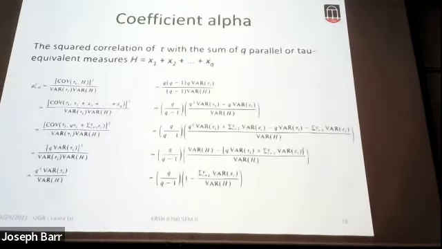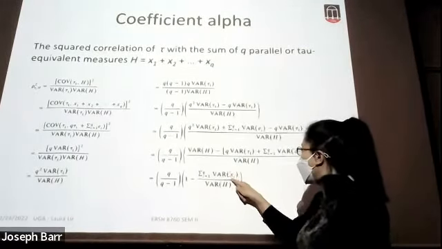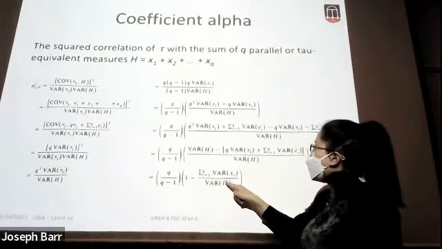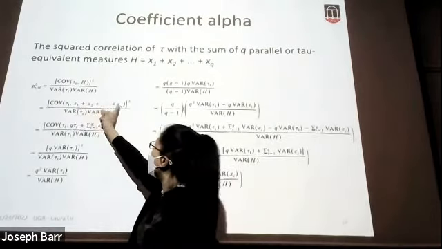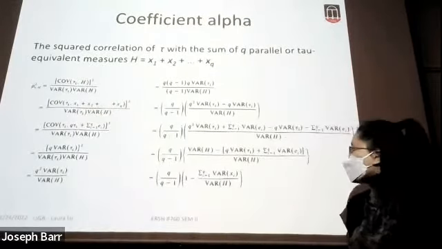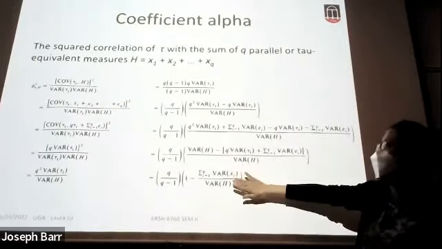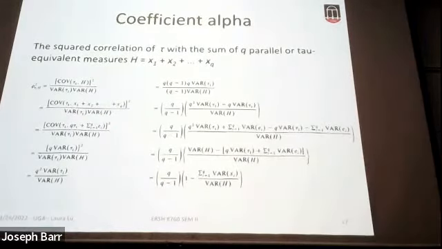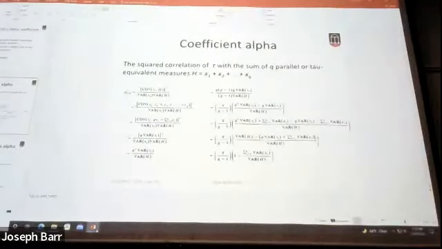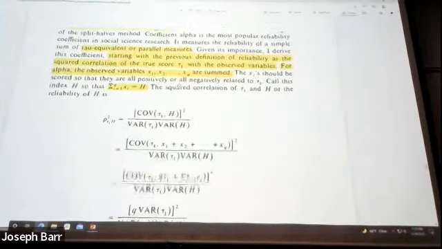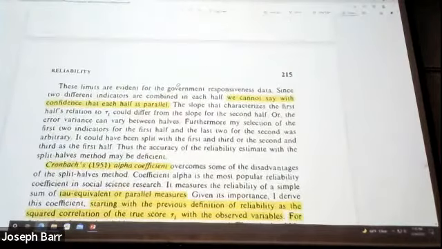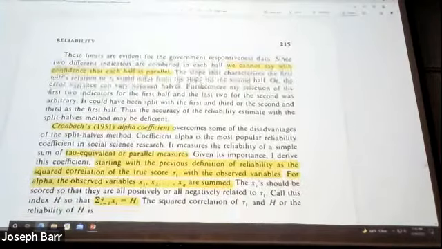This form and this form mean the same, because here we have the item, each item like xi, and h is the sum of all parallel items here. That's how we get Cronbach's alpha. So that's the formula. If you go to page 215, it gives us the details of the derivation.